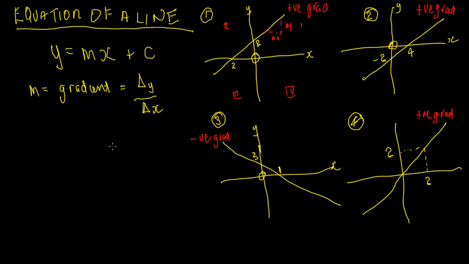So that's m. Now I'm going back to the yellow pen. C is the constant term, and it actually represents the y-intercept.